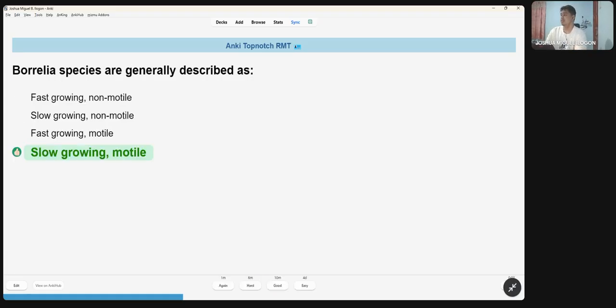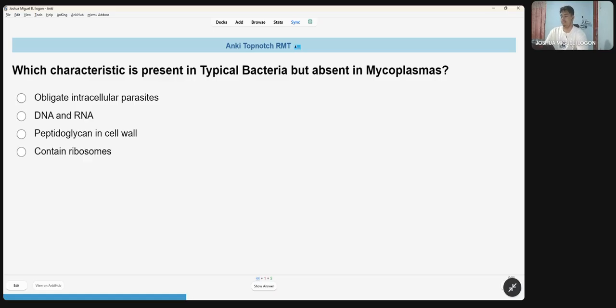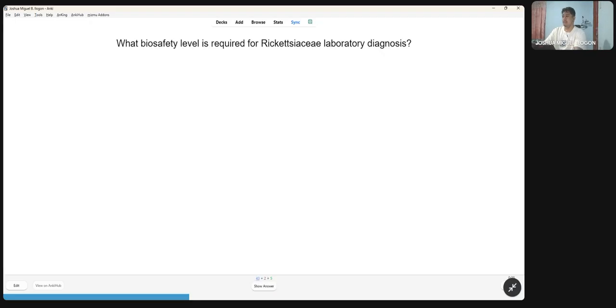Slow growing. Peptidoglycan. Three, all of them.